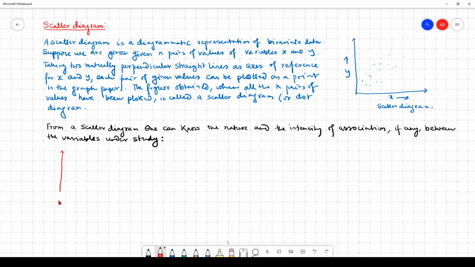If we observe that as x increases, y also increases, then in that case x and y are positively correlated.